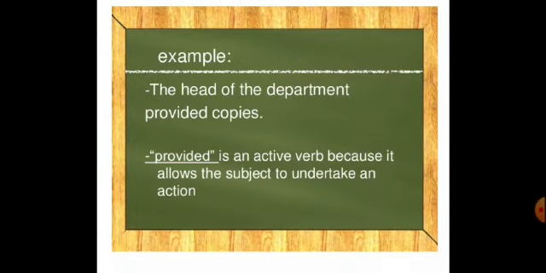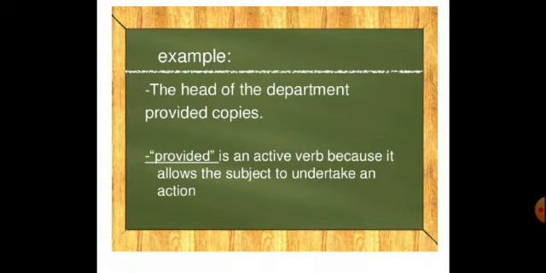For example, the head of the department provided copies. Now, first of all, you have to know where the verb is. So it's provided. You are going to ask yourself, who provided copies? You will know that the head of the department is the doer of the action.